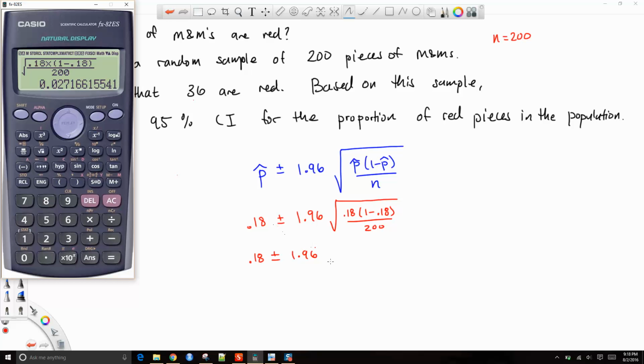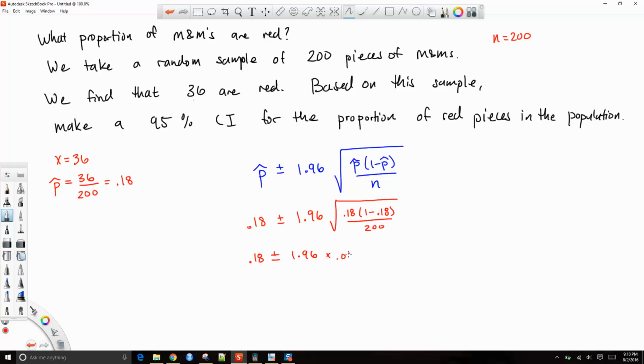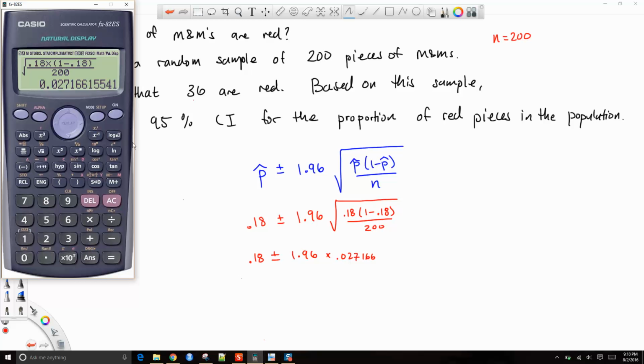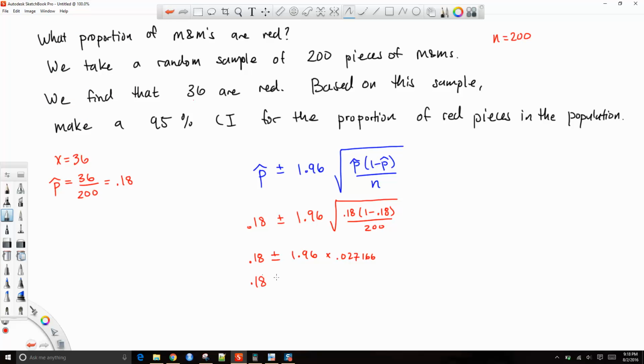I can write that here, times 0.027166, but I don't even have to write that down. I can just hit times, it plugs in the answer, and do 1.96. And I get 0.0532. So I have 0.18 plus or minus 0.053. I'm going to just keep it there. You can keep more decimal places, no problem.